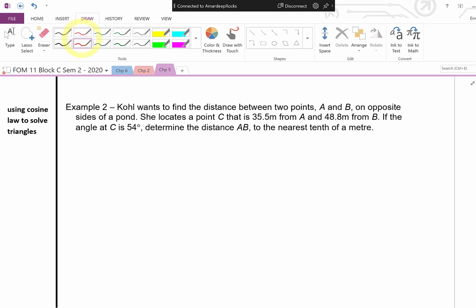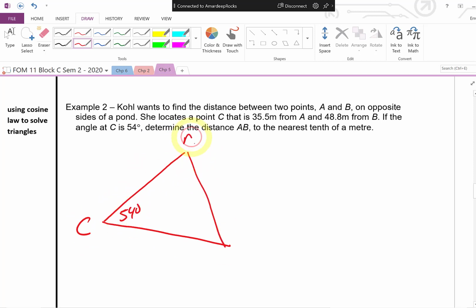So I'm just going to draw angle C. Here's angle C, it's 54 degrees. Here's A, here's B. She locates point C 35.5 meters from A, so this is 35.5 meters. And then 48.8 meters from B.